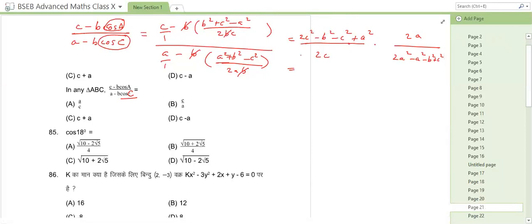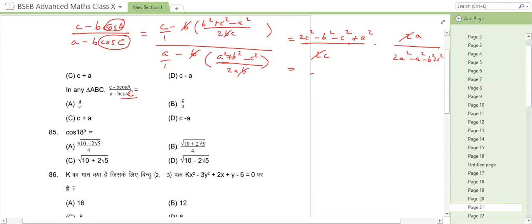All right, now simplifying this, you see the 2's cancel out.